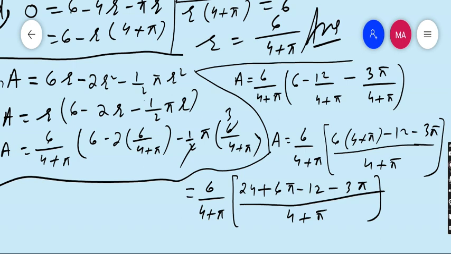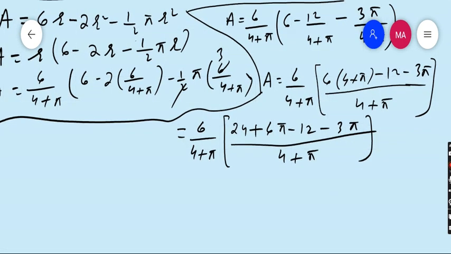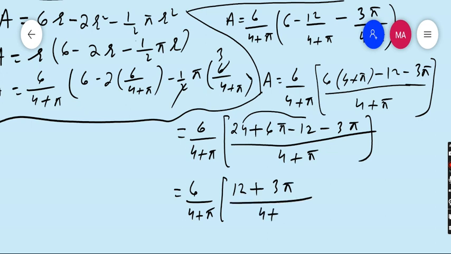More simplification. 6 upon 4 plus pi, 24 minus 12 is 12, plus 6 pi minus 3 pi is 3 pi, upon 4 plus pi, is equal to 6 upon 4 plus pi.